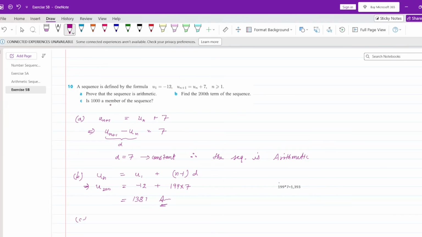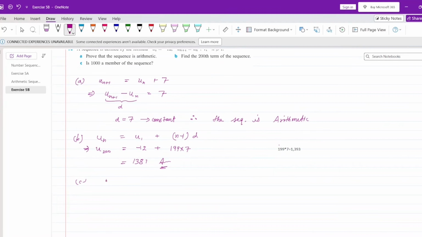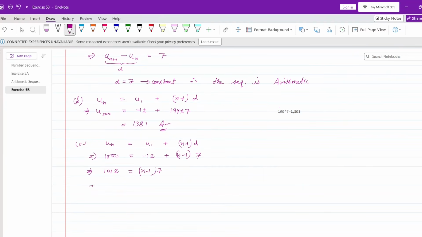C. Is 1000 a member of the sequence? So un equals u1 plus n minus 1 times d. Now we know the value of un is 1000, u1 is negative 12, n minus 1 times d. D is 7. So this is going to be 1012 equals n minus 1 times 7. 1012 divided by 7 equals n minus 1.